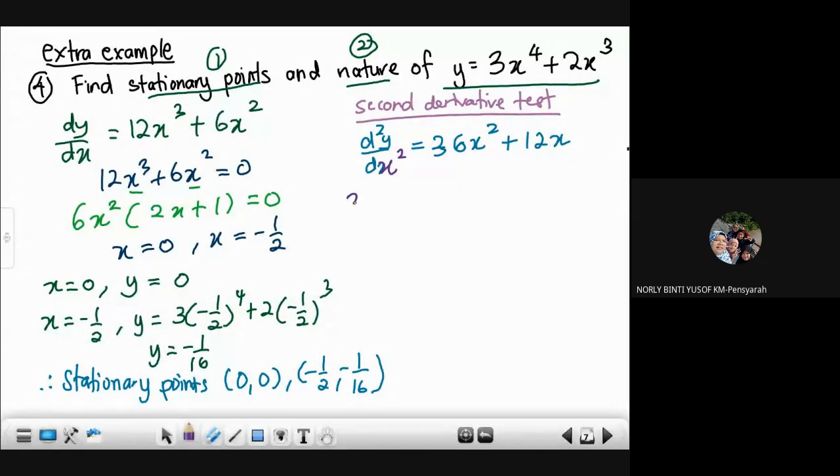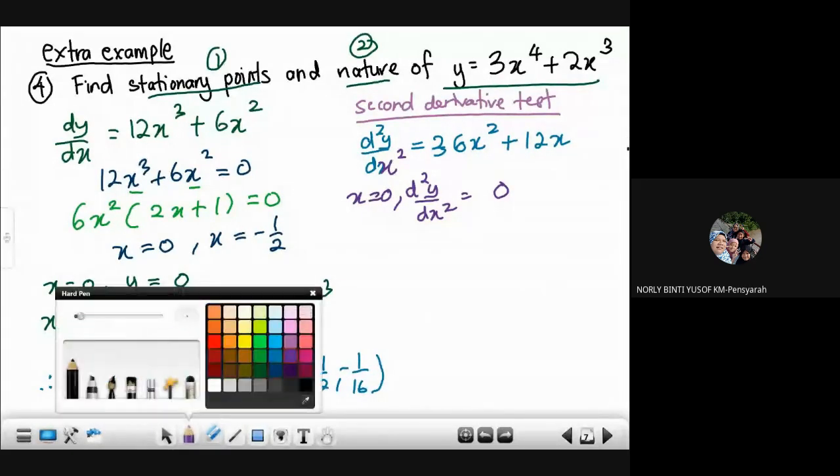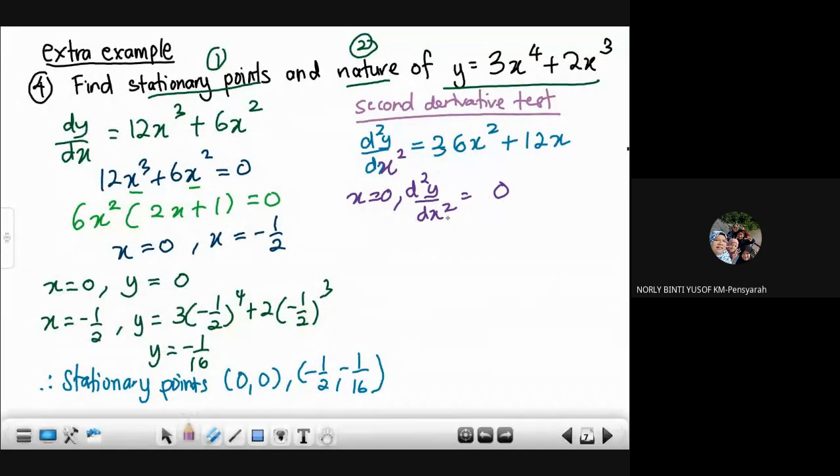Okay, so masukkan x kosong. Kebetulan semua kosong kan dia punya term. Bila you masuk kosong, ni kosong, ni kosong. So kosong lah. So test you fail.